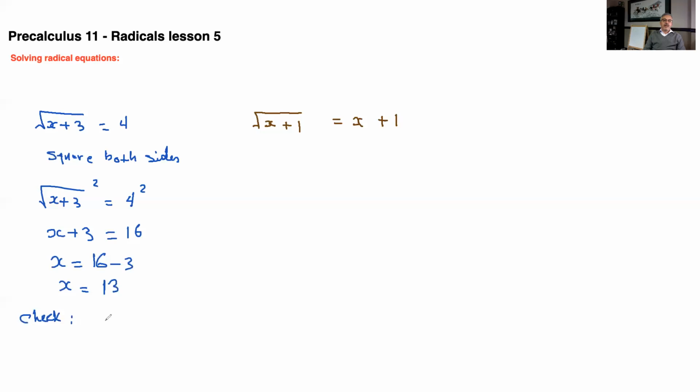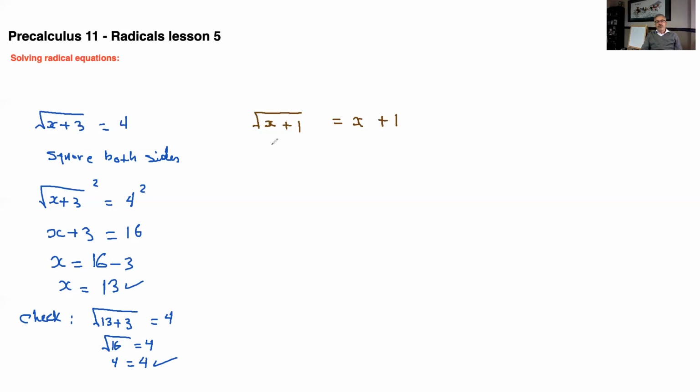So checking, I'm just subbing in the 13 for the x, 13 plus 3, and I'm hoping that it equals 4. So that gives me root 16 equals 4, so 4 equals 4, check. So 13 is the right answer.